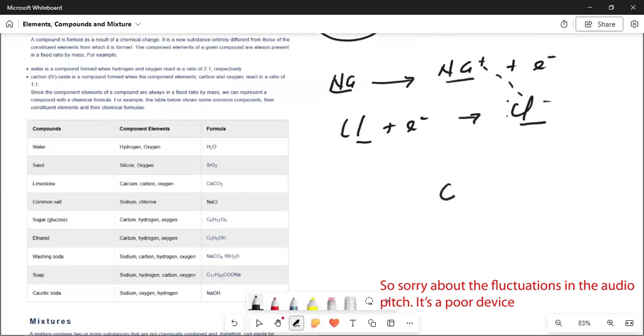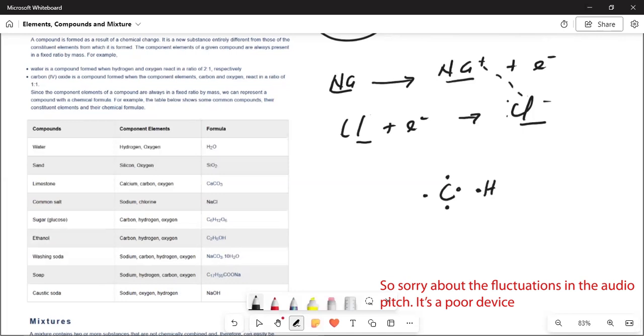For example, carbon has 4 electrons in the outer shell, while hydrogen has only 1 electron in the outer shell. Both of them are non-metals. For a bond to be formed between carbon and hydrogen, carbon is not willing to lose any electron. As a matter of fact, it's a non-metal. It doesn't lose, it only accepts. Hydrogen is also a non-metal. It doesn't lose, it accepts.